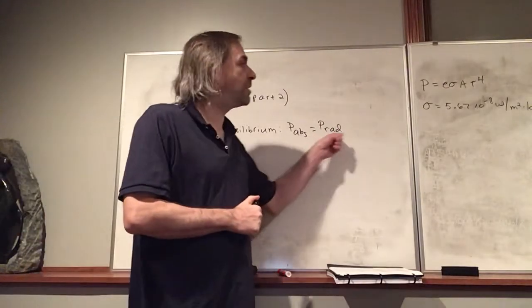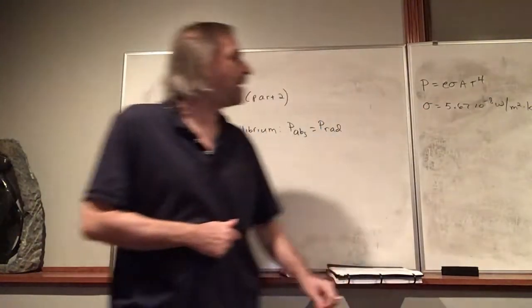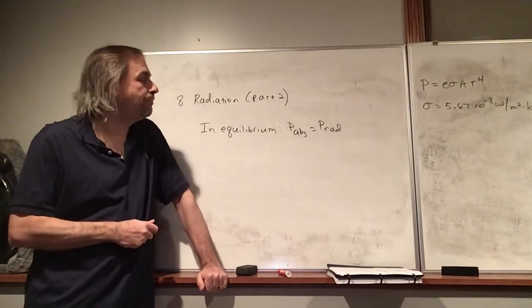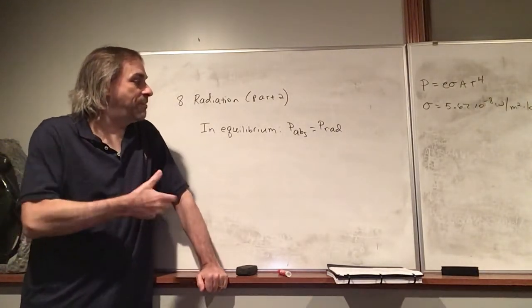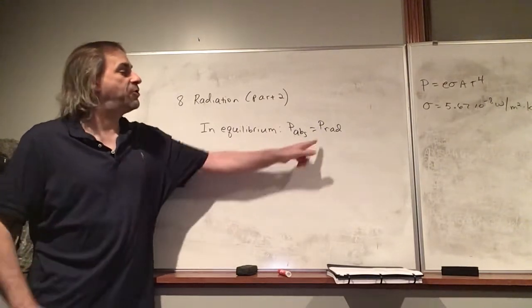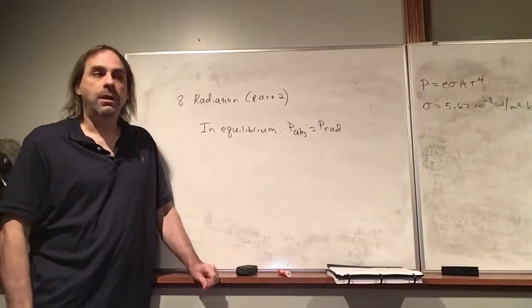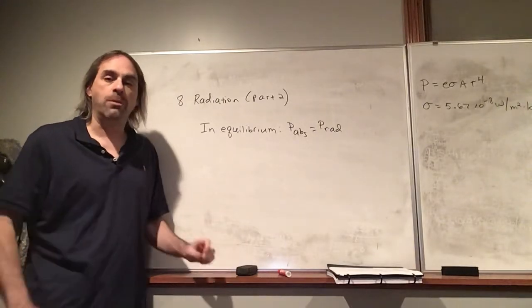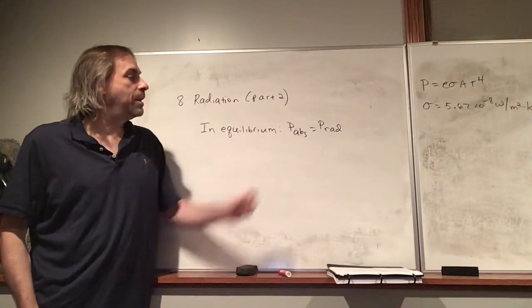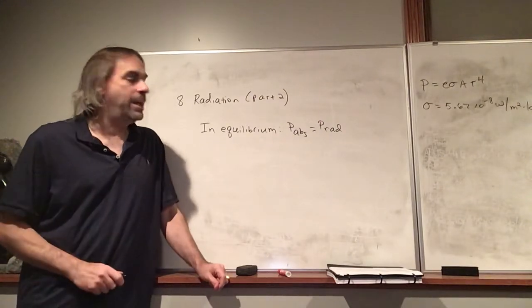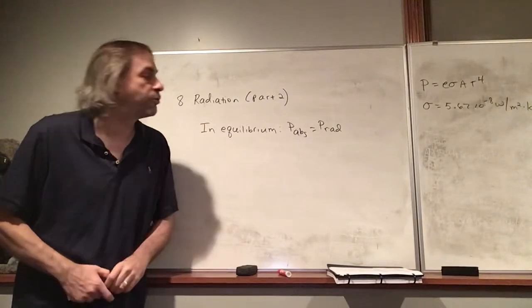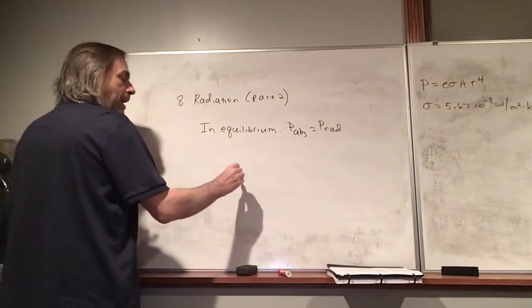Now the power that it's radiating depends on the temperature. But let's say something's in equilibrium at room temperature. If you change the temperature of the object, that's not going to affect what it's absorbing from its environment. So the power absorbed, this would be the power that it's radiating at, we can just call it, room temperature.